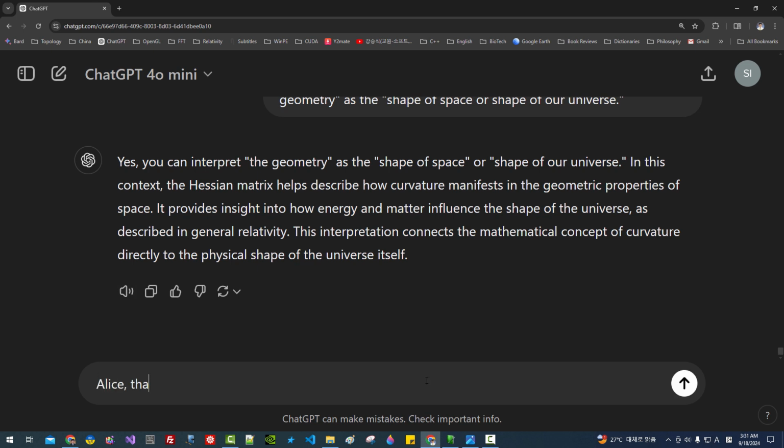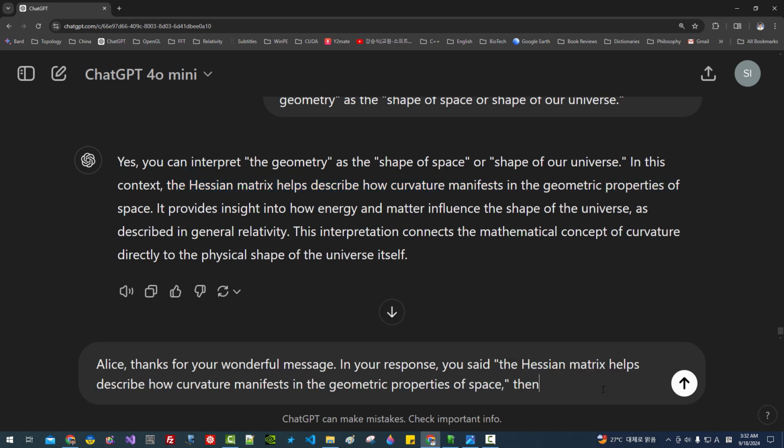Alice, thanks for your wonderful message. In your response, you said the Hessian matrix helps describe how curvature manifests the geometric properties of space. Then you continued, curvature provides insight into how energy and matter influence the shape of the universe as described in general relativity.